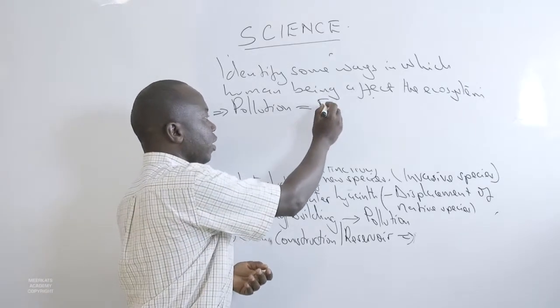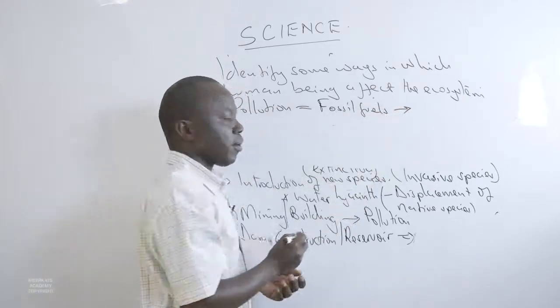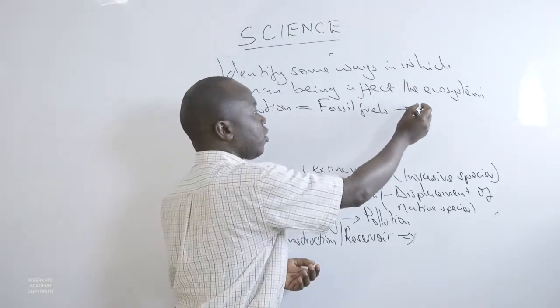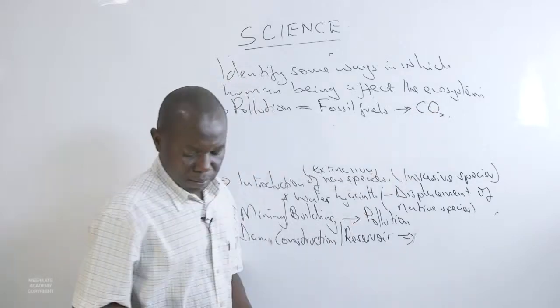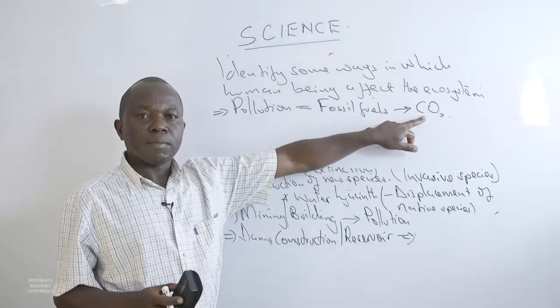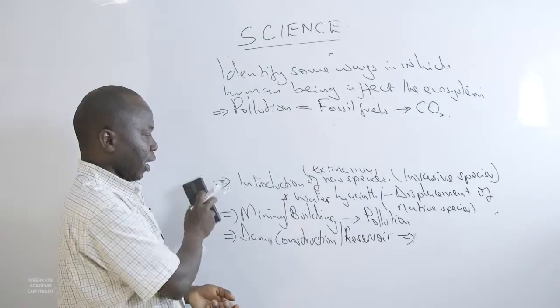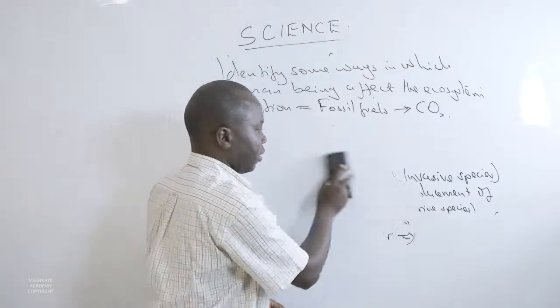When fossil fuel are used, one of the products is carbon dioxide. And it has been a major problem such that it has caused a lot of changes in climate, carbon dioxide.